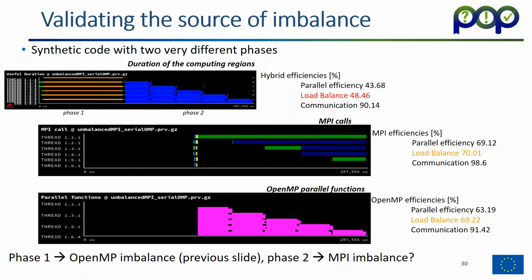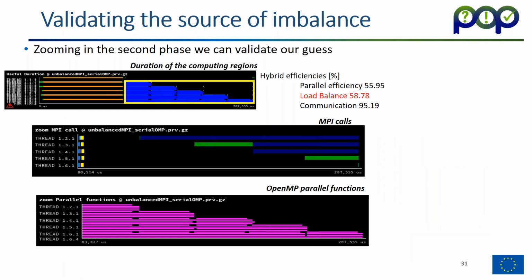I use this example to show you a little bit how we can analyze, and the power of this kind of metrics in a dynamic analysis in a trace. If I refocus my analysis on the area that is in the yellow box and compute the efficiencies again, now they have improved a little bit, but there is still a huge problem of imbalance.